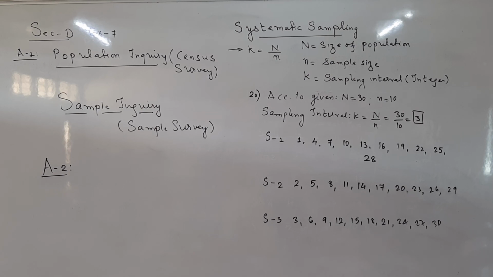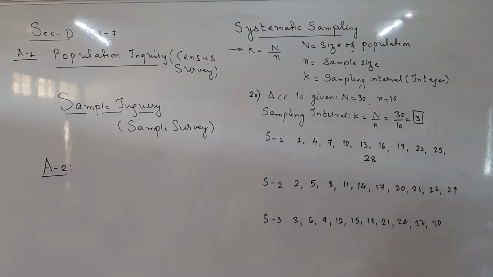If sampling interval is 3, I am free to select the first unit from any of 3 integers. If my sampling interval is 5, I am free to select the first unit from 1 to 5. If it is 10, from 1 to 10. If it is 12, from 1 to 12, like that.